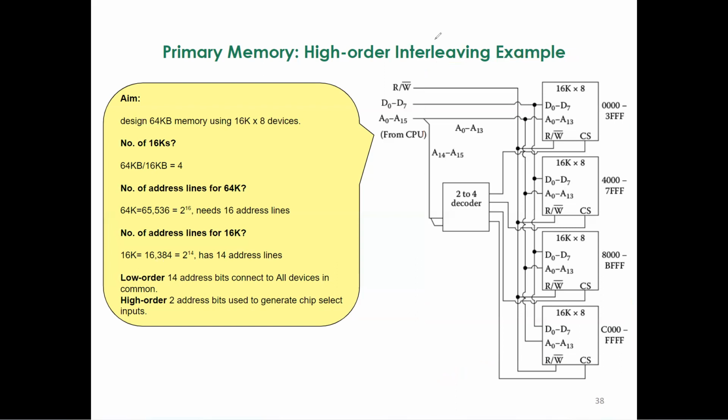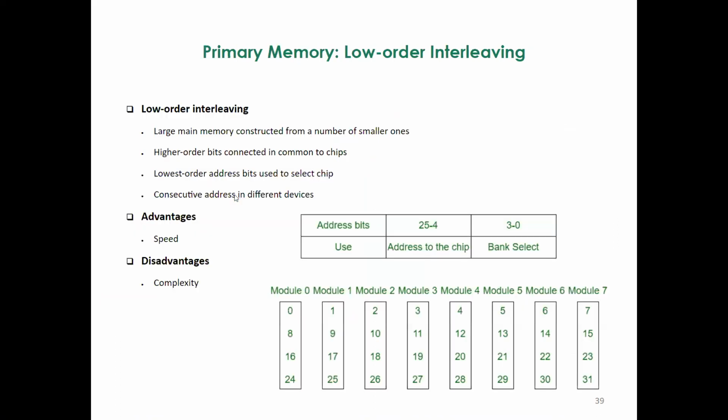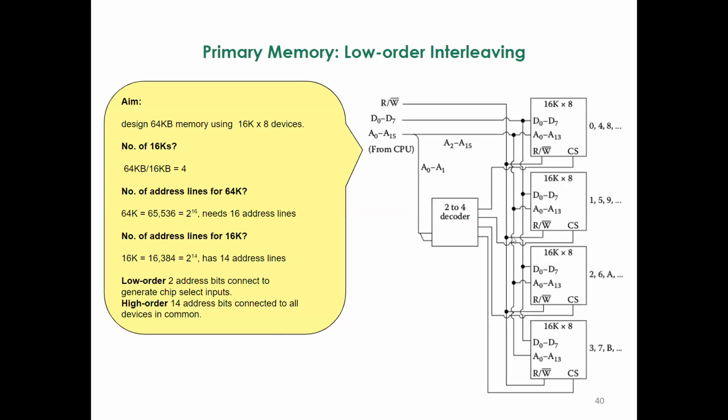So that's the idea. That's how high order memory interleaving works, and equally the same thing applies for low order, only that now we use the lower bits to select the module. Hence consecutive addresses will be distributed across multiple modules. Why?